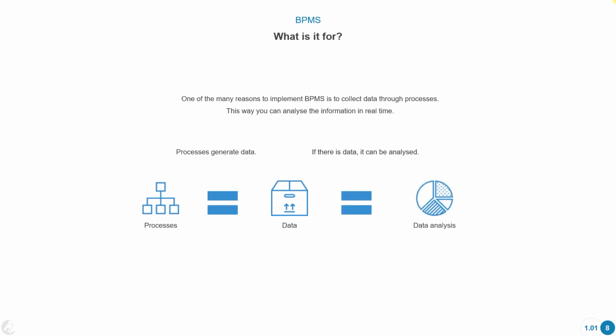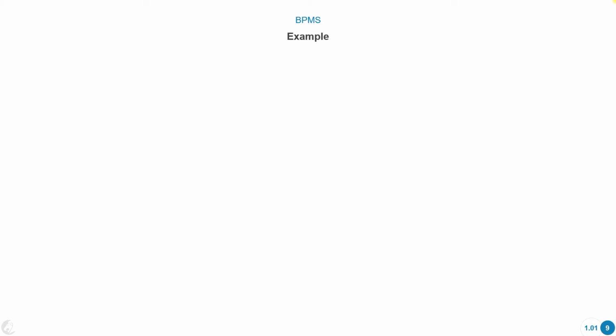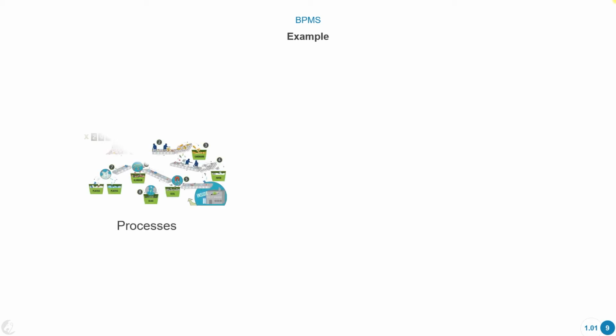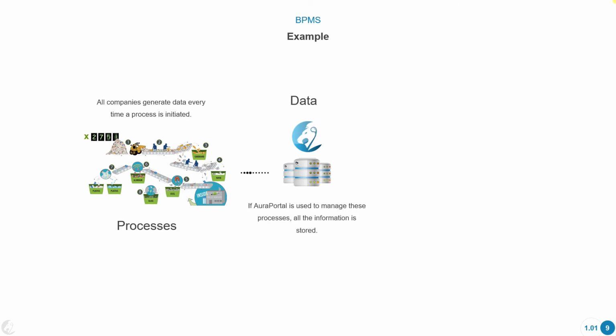If we have data, obviously we can analyze it. Now, here we have an example. It's our previous example where we have a truck coming into the warehouse every day, leaving all this material that has to be classified. And each one of these processes is going to be generating data.